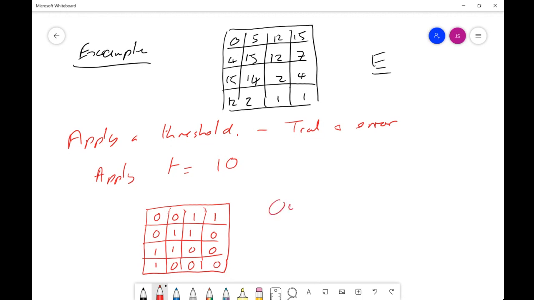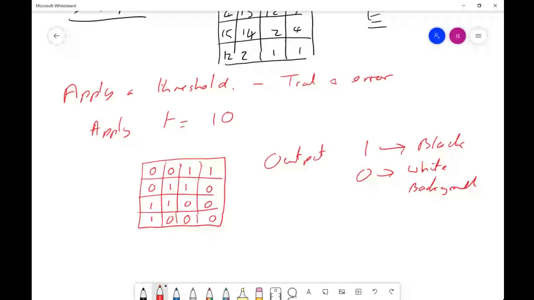Now the output, 1 is usually black. When you draw a sketch, you draw black lines on white paper. 0 is white background. So looking at that image, if I now convert it to an image, it is going to look something like that.